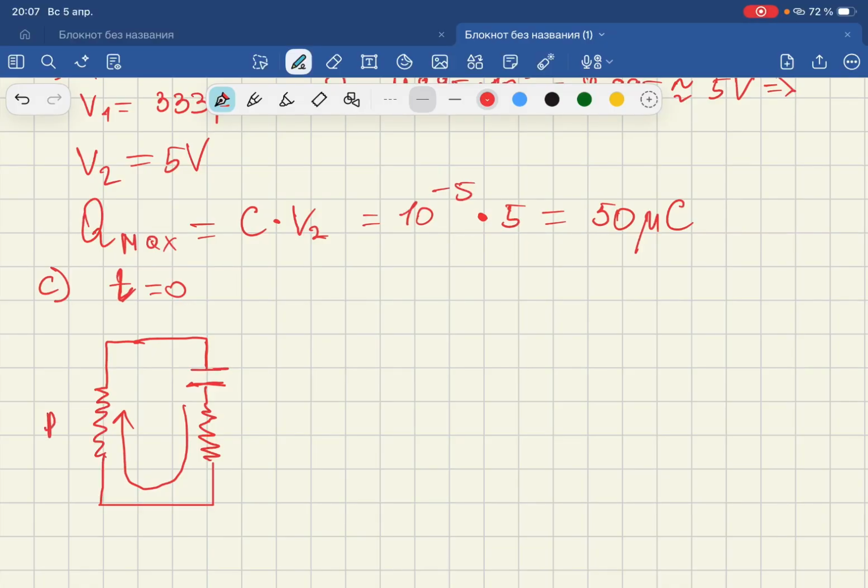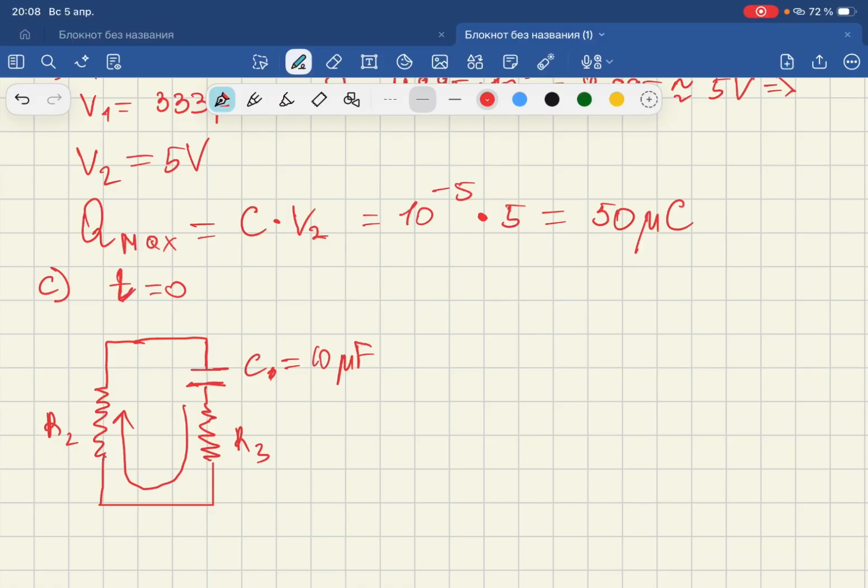So it's our second resistor. This is our third resistor. And then this is our capacitor, which is equal to 10 microfarad.